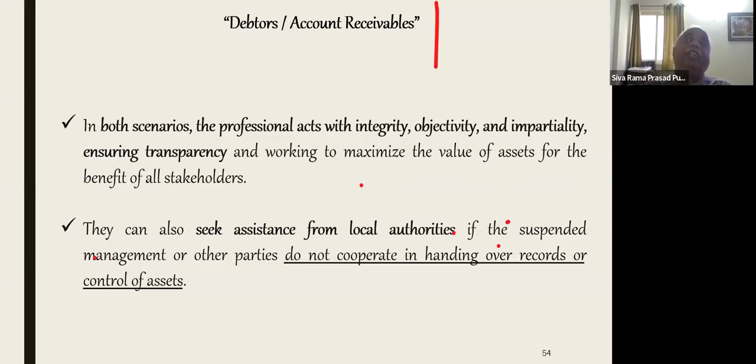After that, he will start the recovery by filing cases in civil courts. They can also seek assistance from local authorities. If the suspended management or other persons do not cooperate in handing over the records and control of the assets, particularly the account receivables, the records are to be provided.